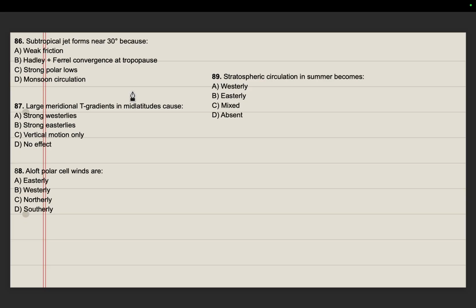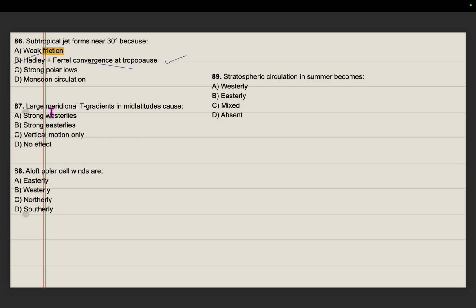The subtropical jet formation, 86, is due to the convergence of the Ferrel and the Hadley cells at 30 degrees. At the tropopause, the subtropical jets are formed. Tropopause means 12 to 15 km in that range. Okay.